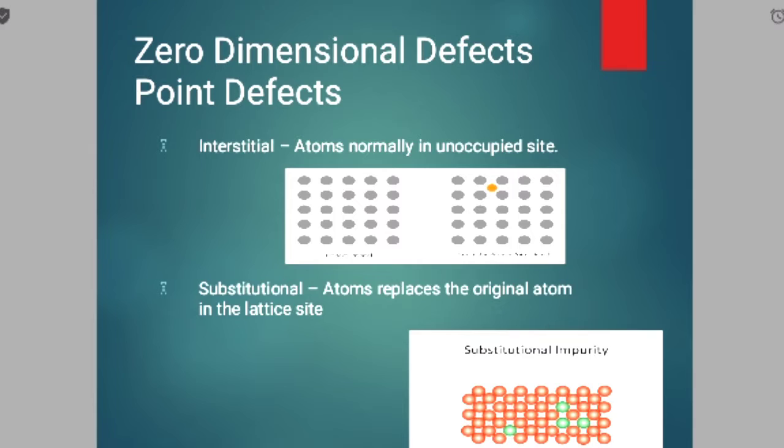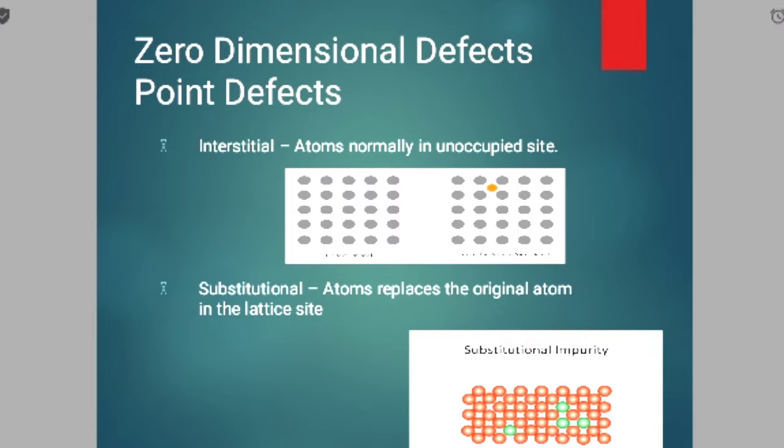Substitutional defect: an atom replaces the original atom in the lattice site. You can see the diagram. The green points over there indicate the substitutional impurity. It means atoms of another type replace the exact lattice points of the original crystal.